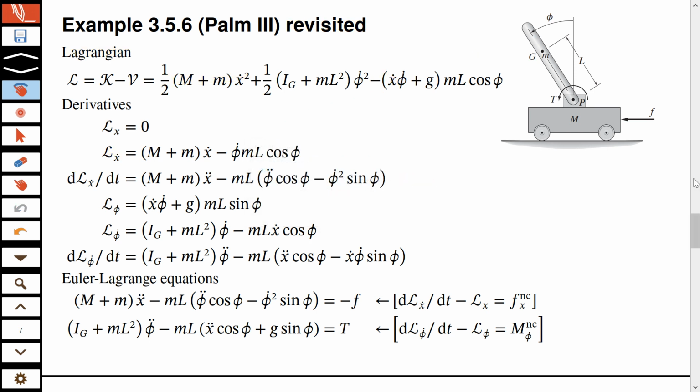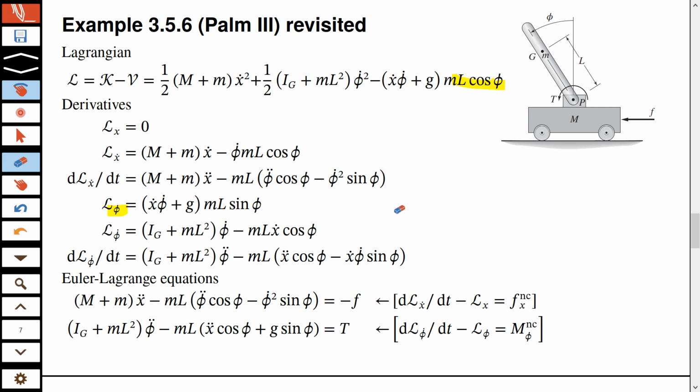Similarly, we differentiate with respect to phi, and you see that you can find phi here in this term. You see this is not phi, this is phi dot. Phi dot is independent of phi, so we will only use this term to differentiate with respect to phi.